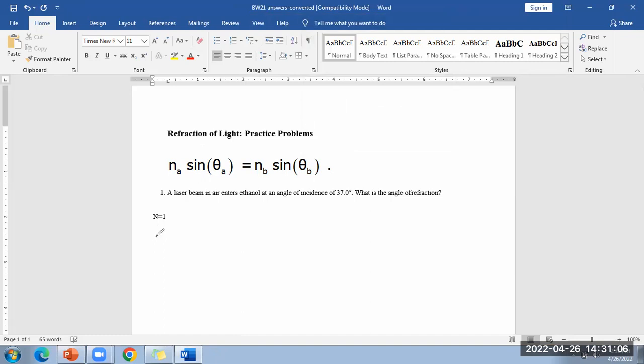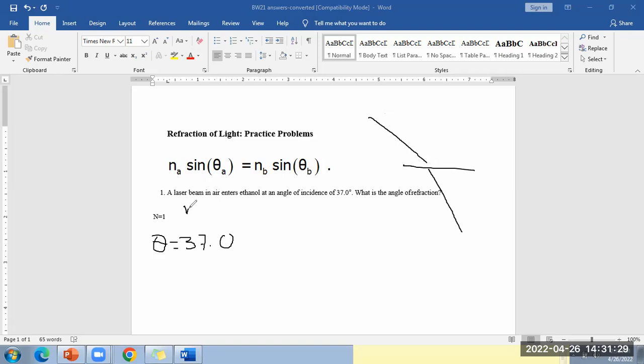Tapos meron tayong angle 37.0. Ang direction natin from the air to the water.